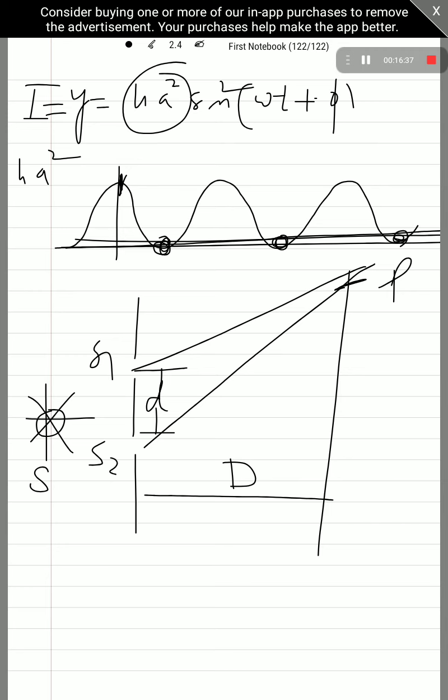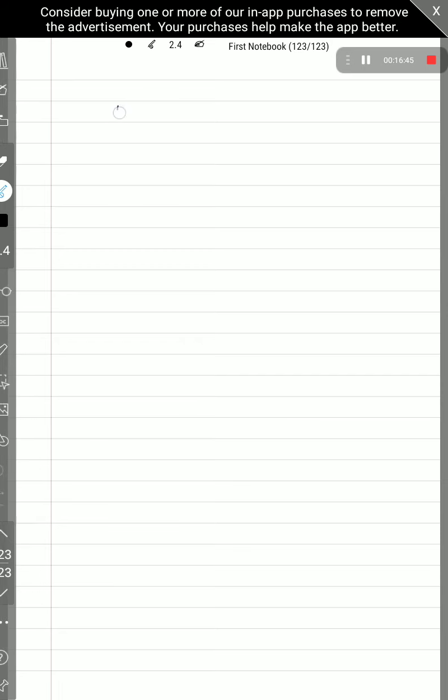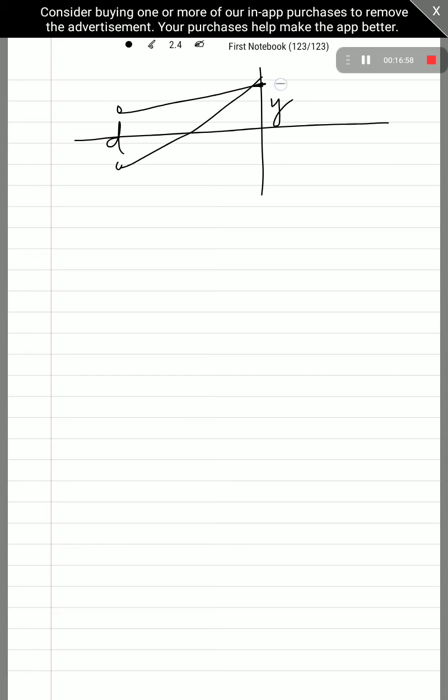So I'll calculate the path difference. These are the two sources and this is the point P. This is small d here and this is the axial line. This is y, let us say, from this point P. P can be any point, anywhere on the screen. So we have two sources S1 and S2.